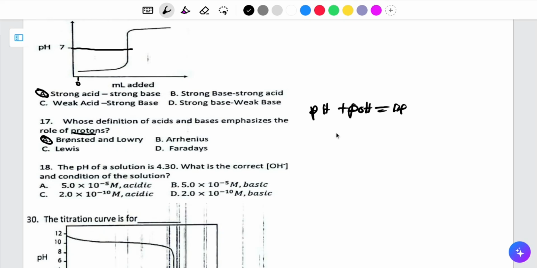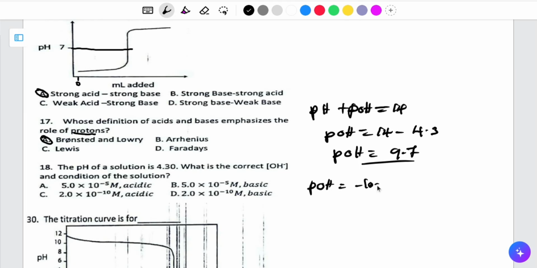So we can find pOH: 14 minus 4.3. So I'm going to get 9.7. So pOH is 9.7. So we know that pOH is equal to negative log of hydroxide ion concentration.